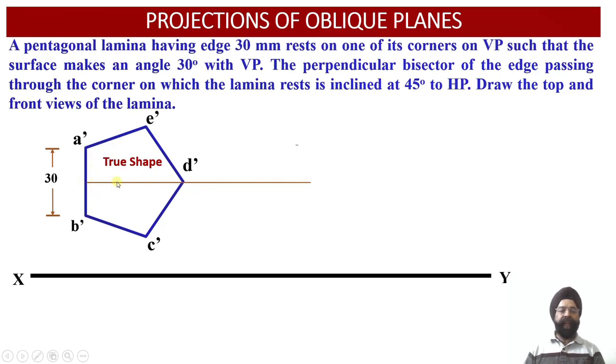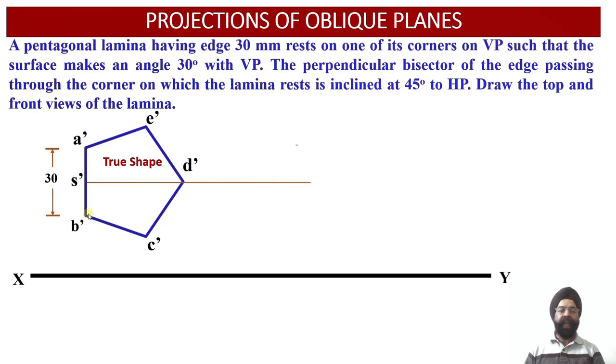So this is the perpendicular bisector of the edge AB, and it passes through the vertex D dash over here. So this is the true length of this distance. This midpoint will be named S dash as it is located onto the edge AB over here, right? So S dash is the midpoint of the front view projection A dash, B dash corresponding to the edge AB of this pentagonal lamina.